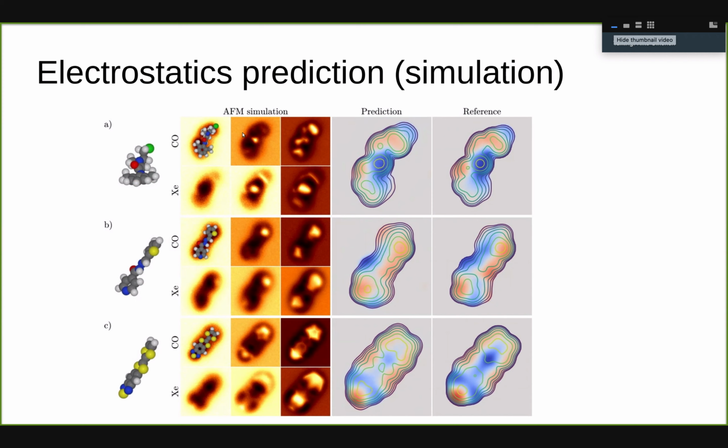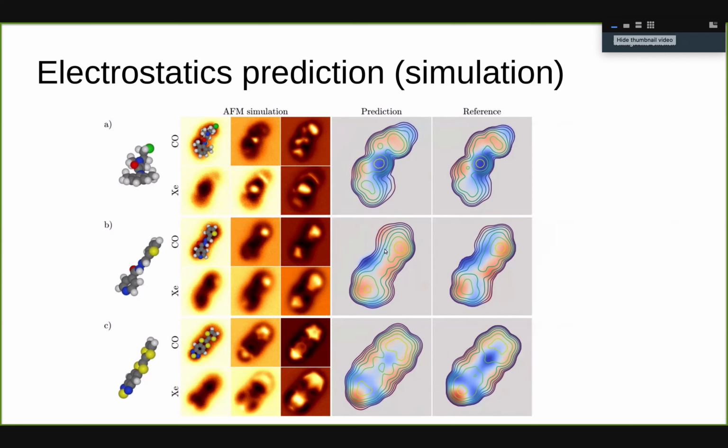Again, the model in this case takes 2 inputs, the CO and the xenon images for the same sample. Comparing the predictions to the reference in each case, we can see again that it does very well on the simulations, so that the overall contrast is very similar.